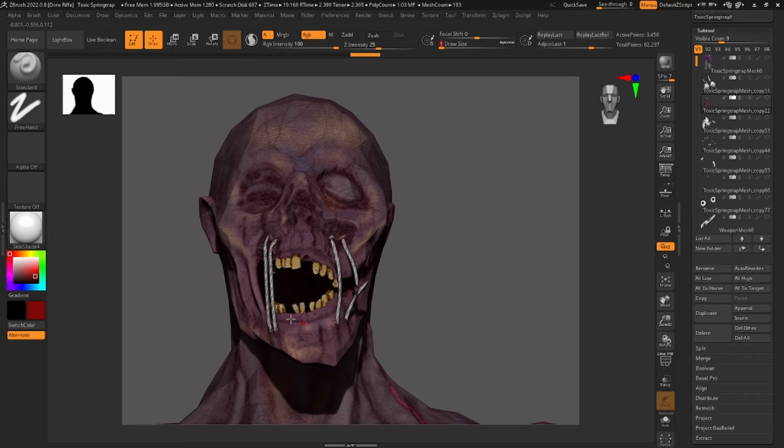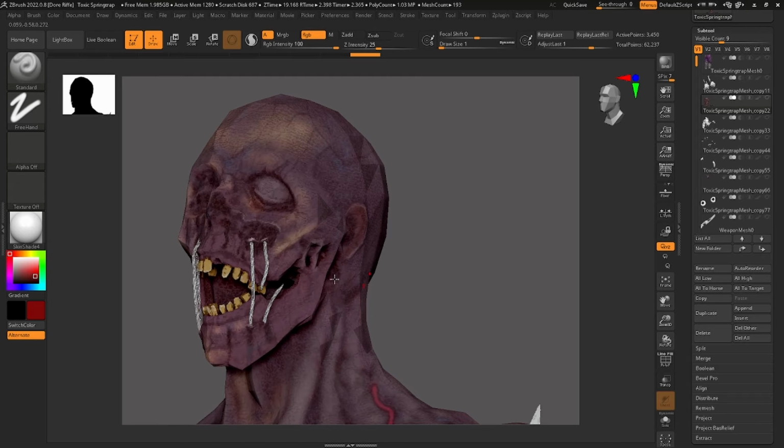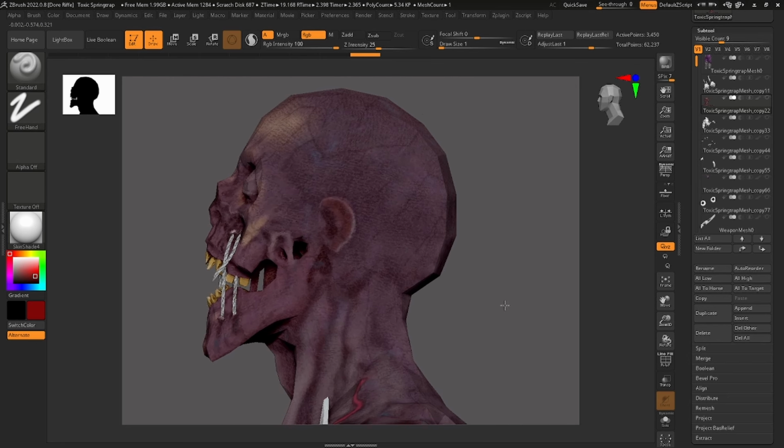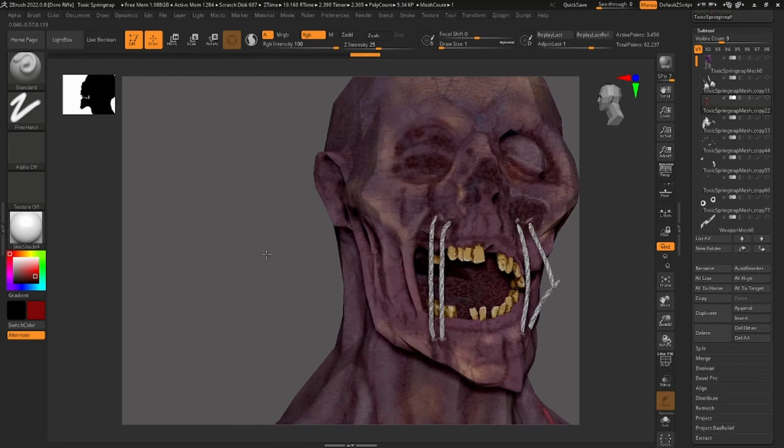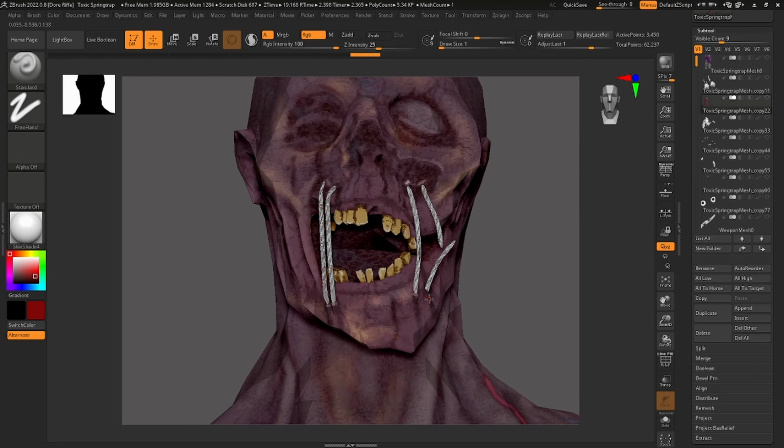I don't think he has any lips yet. These are definitely the metal bars from the default. This one over here snapped, which is interesting because I can't see a reason why that snapped.